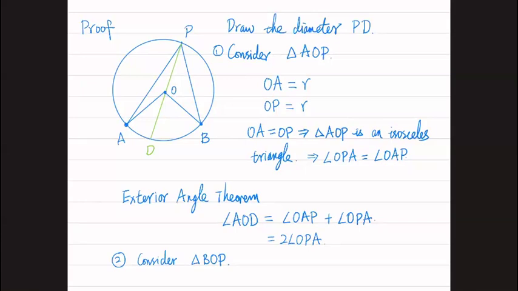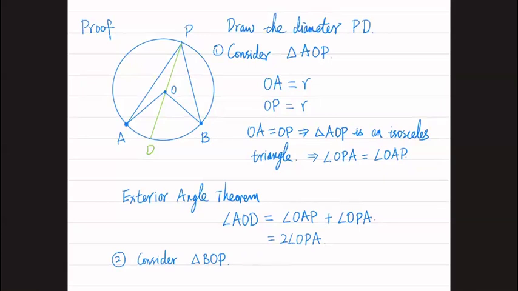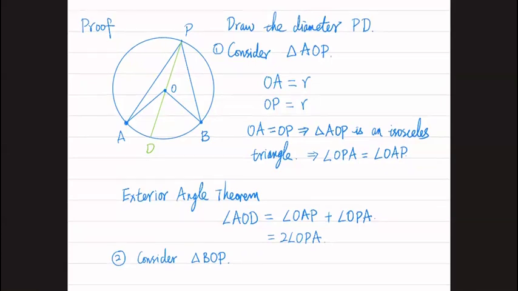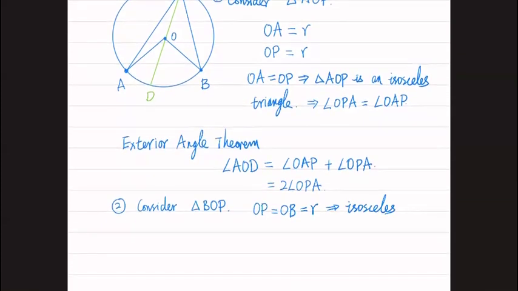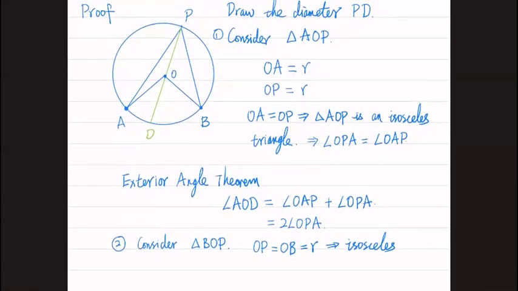OP equals OB. Okay, so it's isosceles. What does this tell us about the angles?